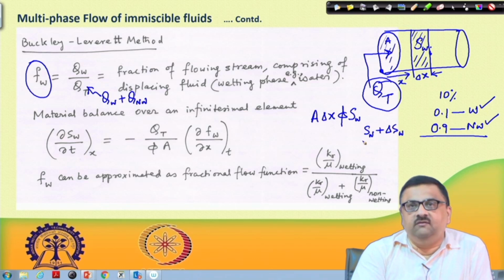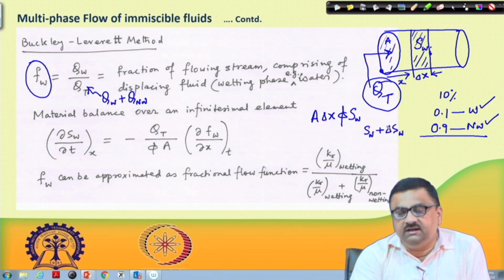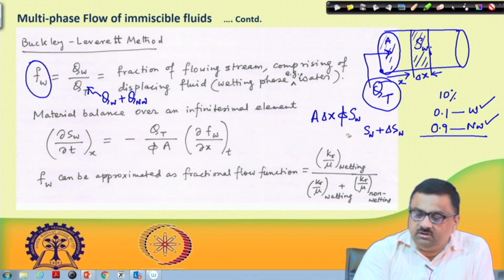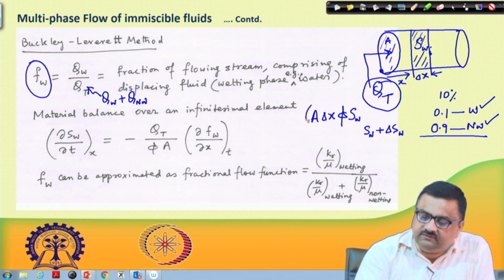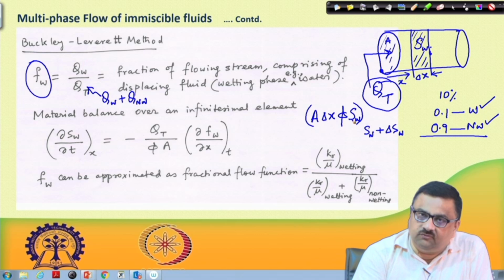That means over duration delta t the saturation increases by delta SW amount. So, once again, what does this quantity define? A delta x is the volume, multiplied by phi, that gives me the pore volume, multiplied by the saturation of the wetting phase.